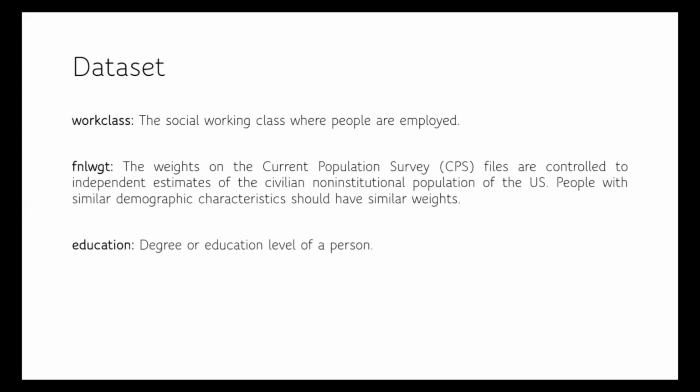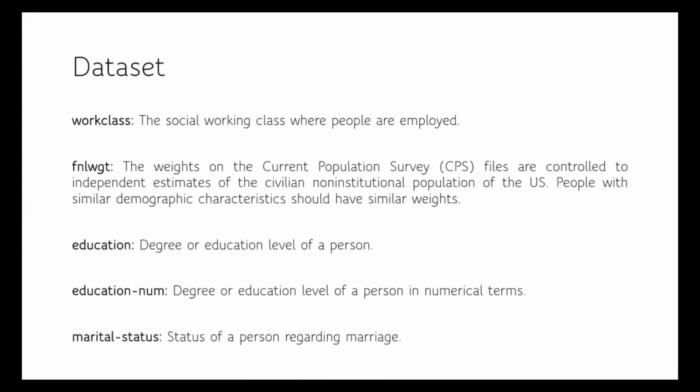Education. This column tells the education or degree type of a person. Next, we have the column of education num, which tells the highest level of education a person has completed. Marital status, the status of a person regarding marriage.